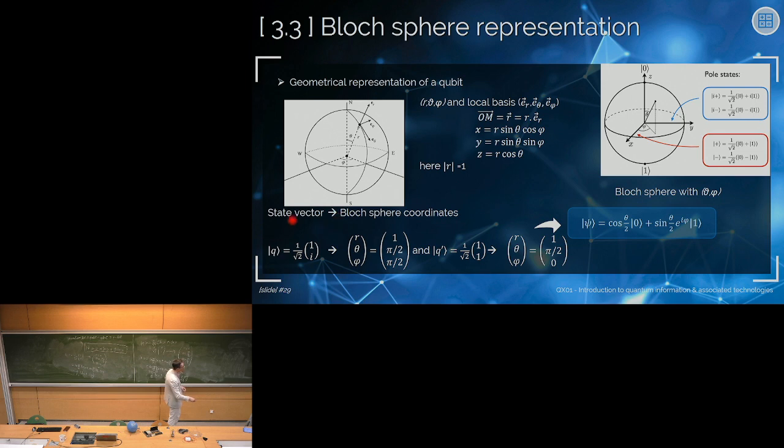In this case, what we talk about now is a state vector, the state vector psi, the qubit, and the Bloch sphere coordinates, which are given by theta and phi. In fact, like I said, the radius is never used because it's always normalized vectors. So these two are enough to quantify your qubit in the Bloch sphere.